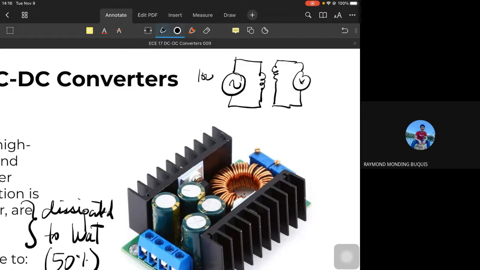If this is 100 volts, the output could be 50. Or it could be 200, which is the step up. So that's how transformers operate. So how does a transformer do it?